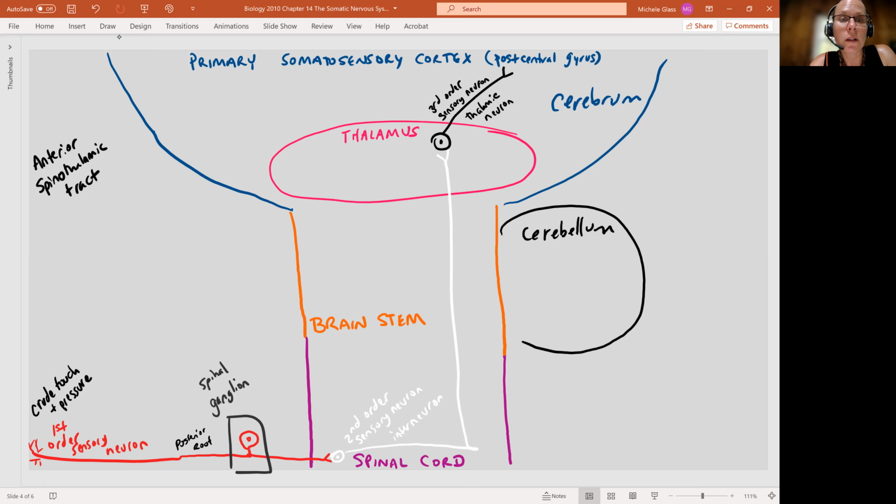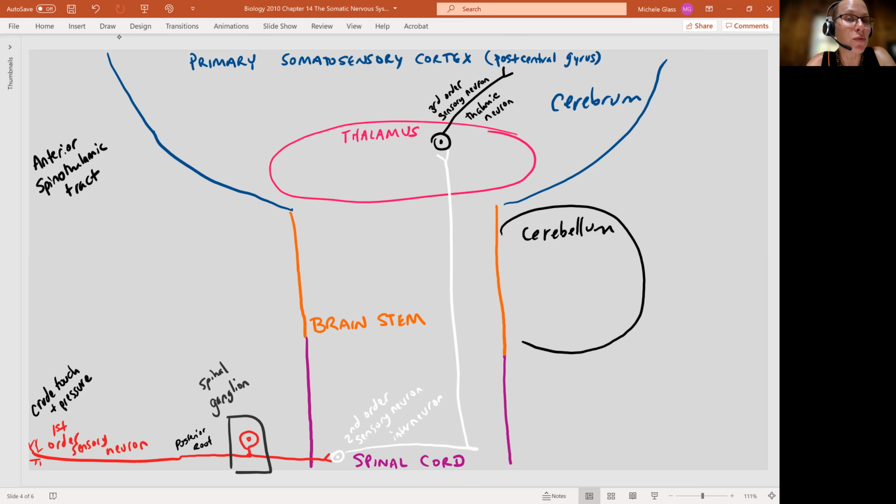And so once we get it to the thalamic neuron, that neuron is directing it to the proper part of the primary somatosensory cortex for processing. So this is our anterior spinothalamic tract, where we have 3 sensory neurons. So this is an example of serial processing, bringing in this information. We have crossover happening, remember, at the spinal cord level. And that's the whole story.